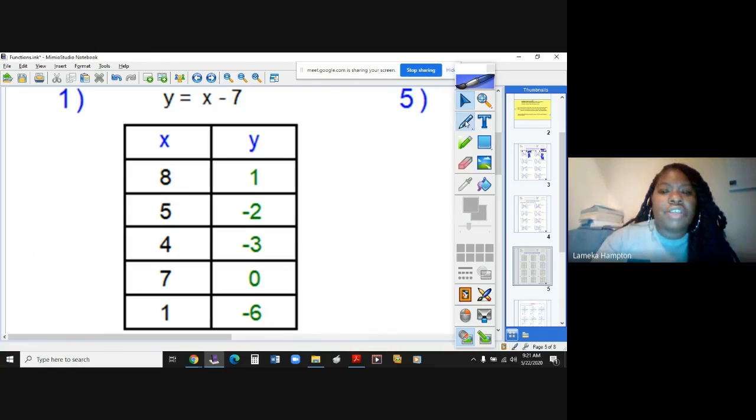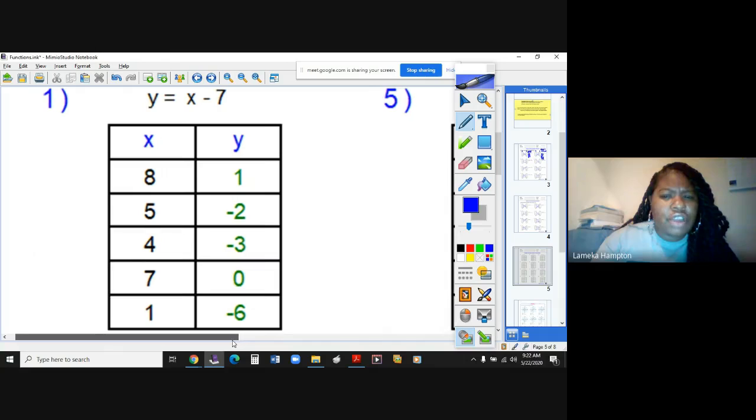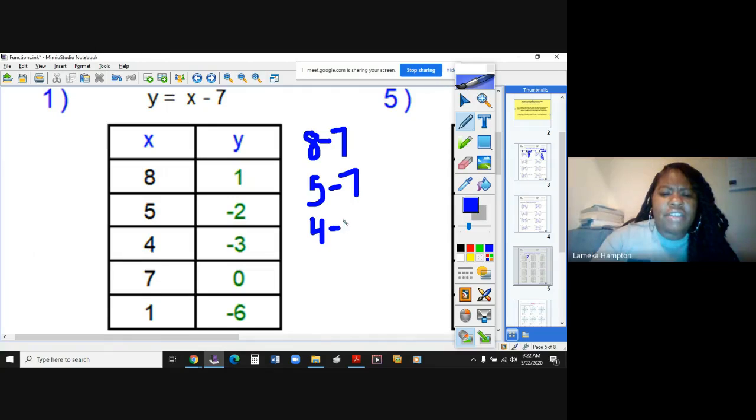All I'm simply going to do is substitute my number for my letter. So when I do this, let me move over just a smidge so that y'all can see. In essence, I'm going to have 8 minus 7. I'm going to have 5 minus 7. I'm going to have 4 minus 7. I'm going to have 7 minus 7. And I'm going to have 1 minus 7.